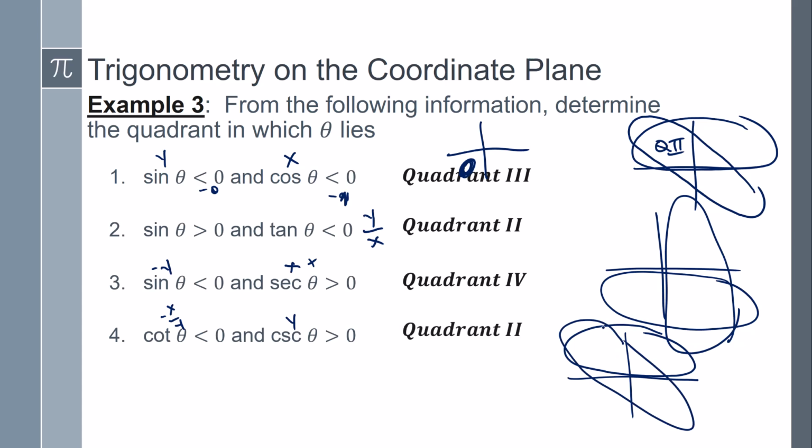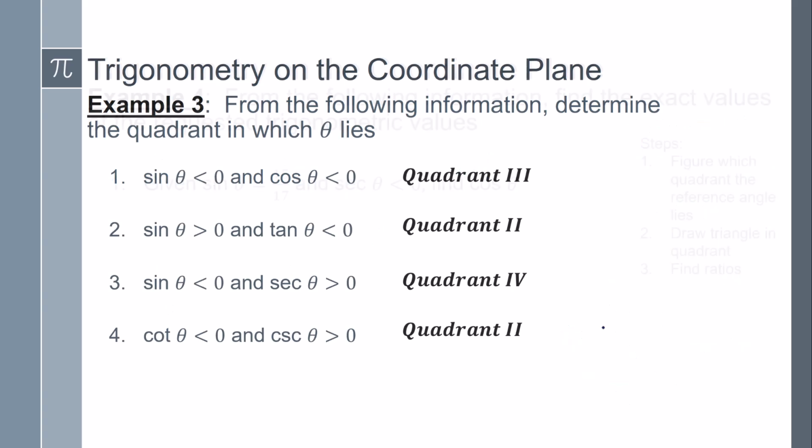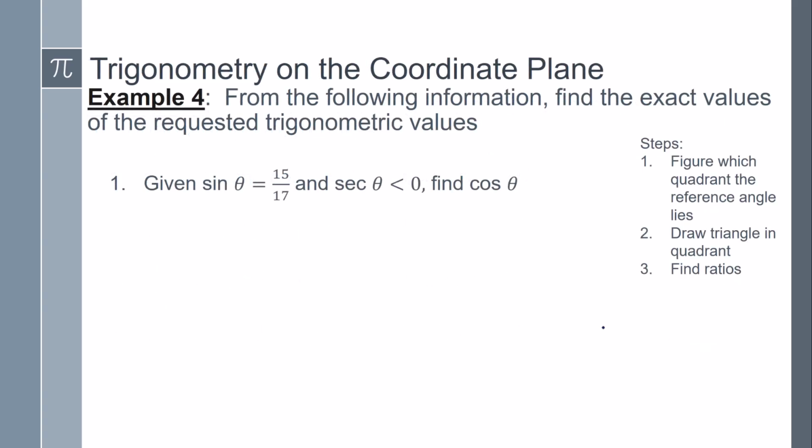Now, we can just use that information to help us. So let's look at this example here. Given sine of theta is 15 over 17, and my secant of theta is less than 0. My secant relates to cosine, cosine relates to x. I know my x is negative. My sine ratio is positive, so my y is positive.